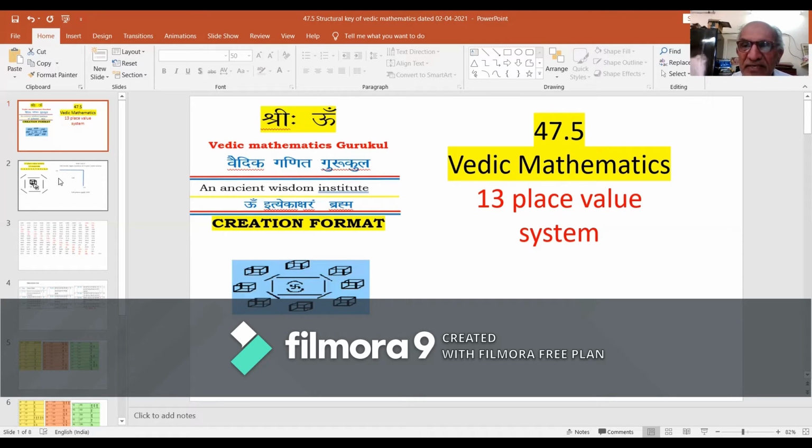Now, when we transit from the 10 place value system to the 13 place value system, see the value 13 of the 10 place value system, with value 3 at the first digit place and value 1 at the second digit place. Value 13 for the 10 place value system becomes value 16 for the 13 place value system, as the place value for the second digit of value 13.